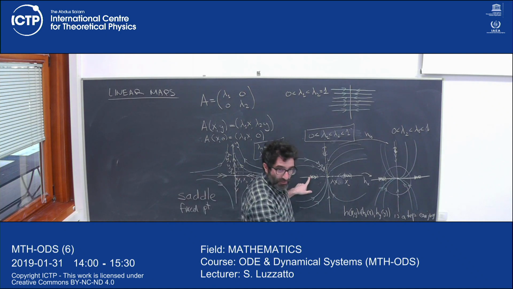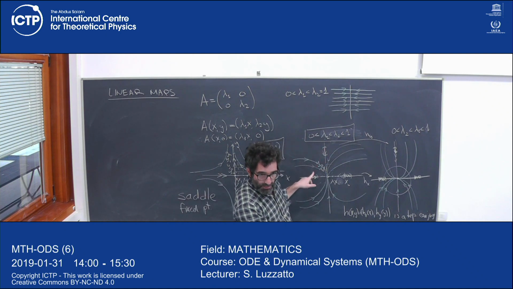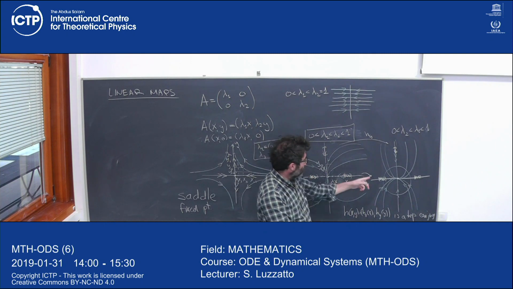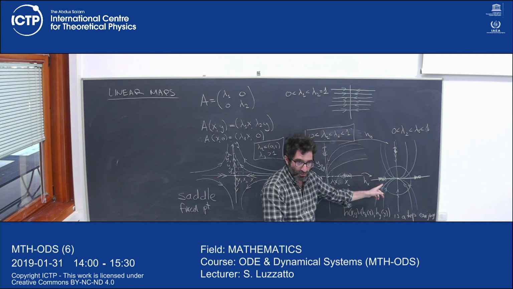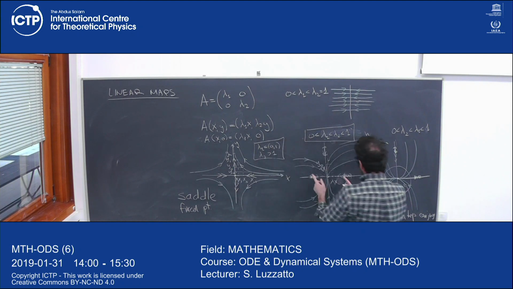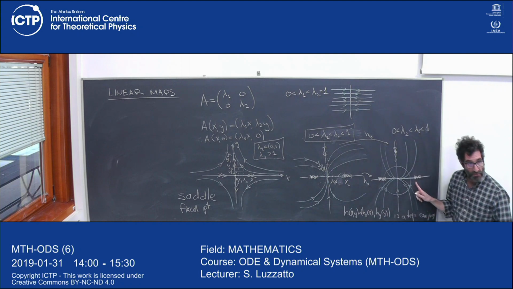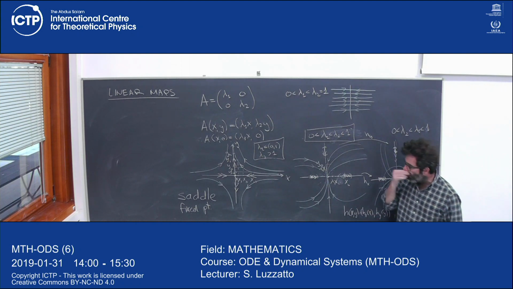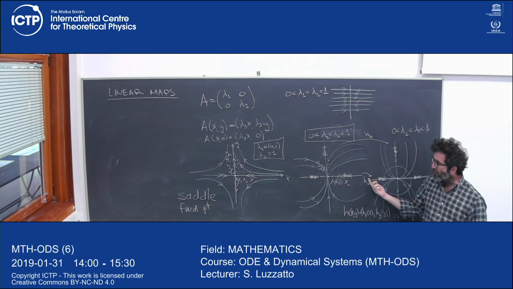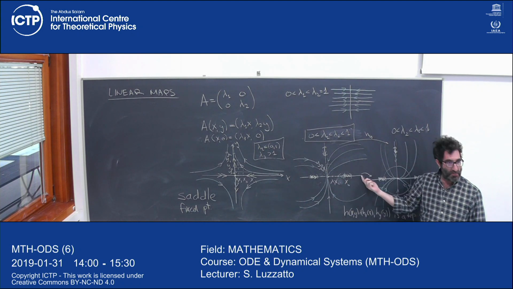If the eigenvalue is negative, yes. To construct the conjugacy, you need them both to be negative. Otherwise, it's not going to work. If this one is negative and this one is positive, then it's not going to work, because where would this homeomorphism map the positive real axis?